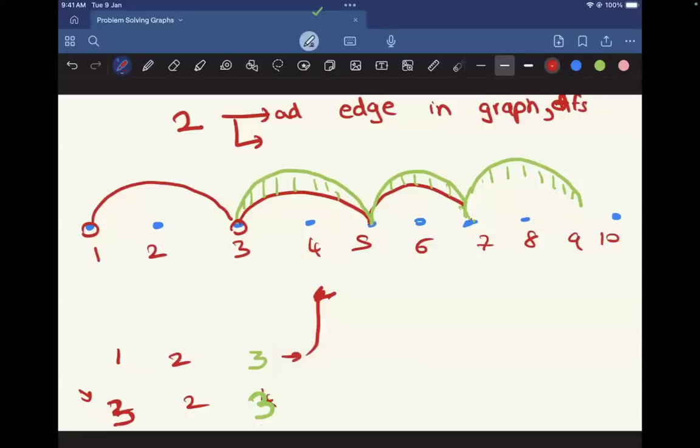Now, the second thing that we can do is we can just use a DSU. What is a DSU? It's a disjoint set union. A disjoint set union allows us to union two sets in almost constant time.